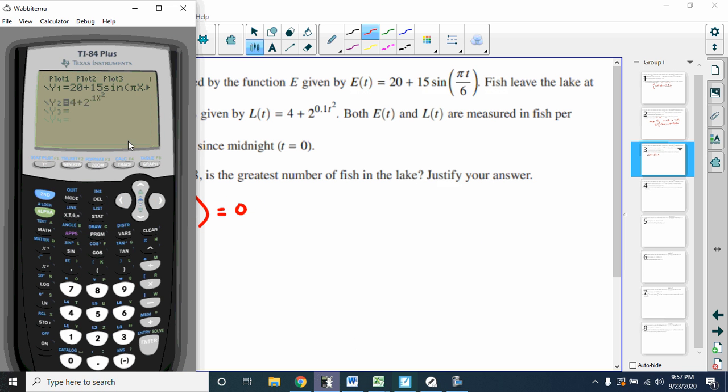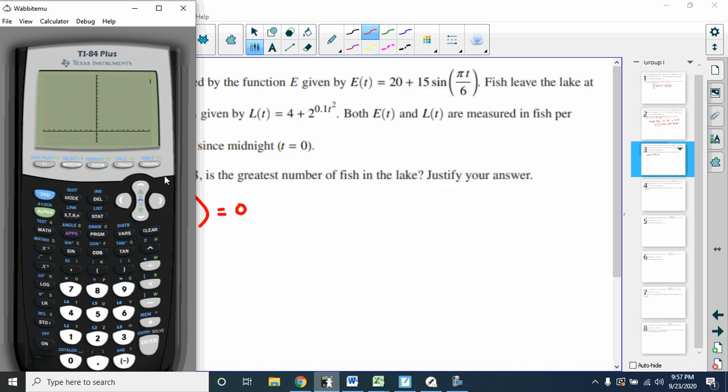So going back to our y equals here, E of t is y1 and L of t is y2. So I'm going to go to y3, and I want to graph y1 minus y2. Alpha trace will pull up this screen here, and we can graph y1 minus y2 as E of t minus L of t.